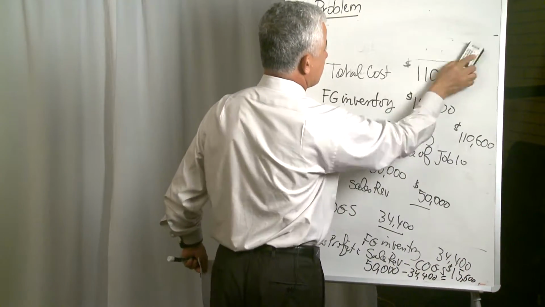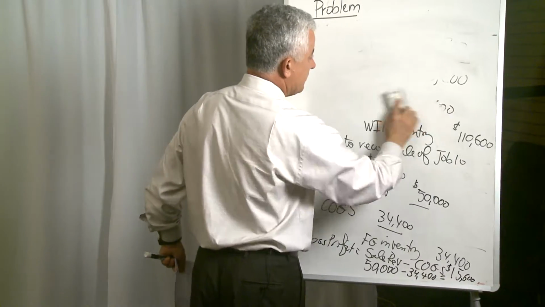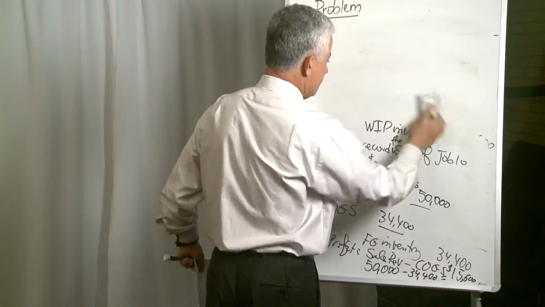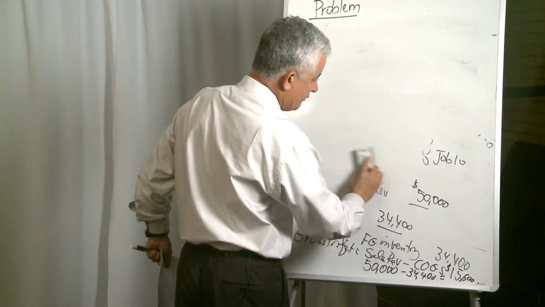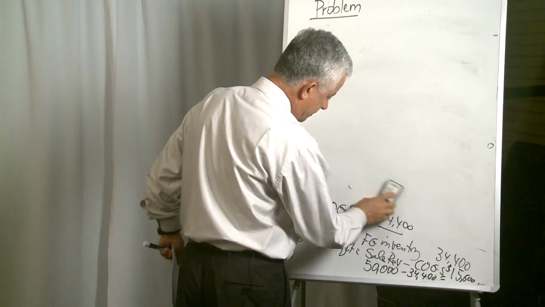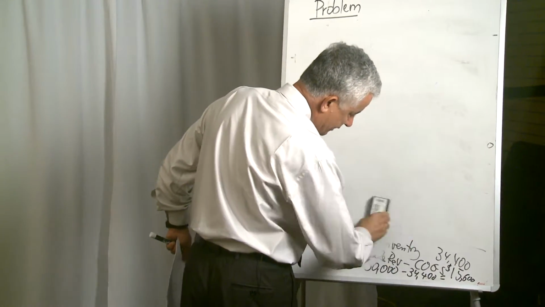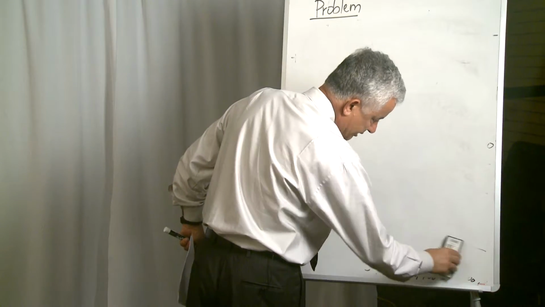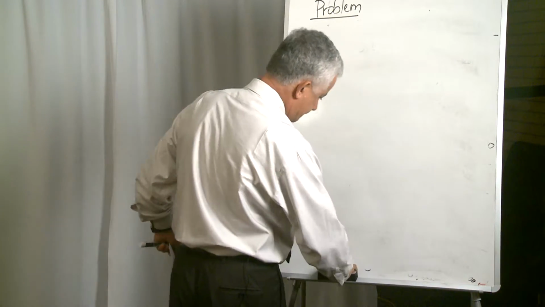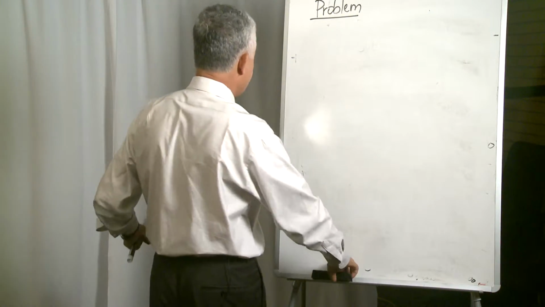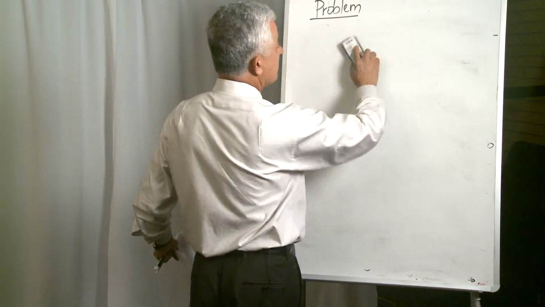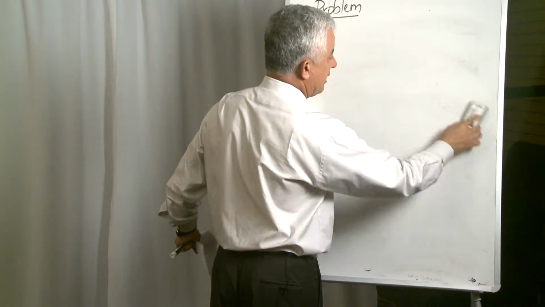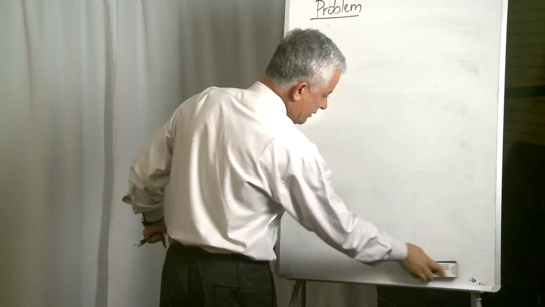So the ending work in process will be basically the cost of job 11, which has not been finished yet. Let's make it clear here, nice and neat. Okay.